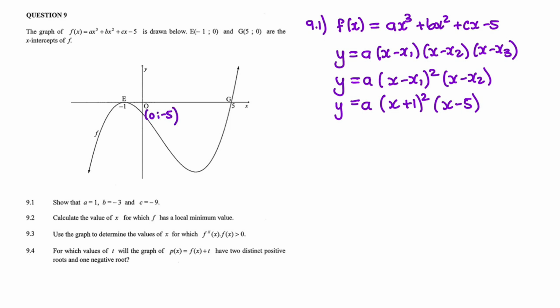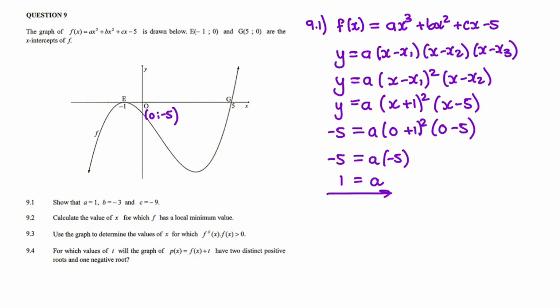If I substitute that into my equation, I have y as negative 5, which is the constant value from our equation of f(x), equal to a times (0 plus 1) squared times (0 minus 5). If you simplify, you have negative 5 equals a times negative 5. Therefore, if I solve for a, I can see that a is equal to 1.